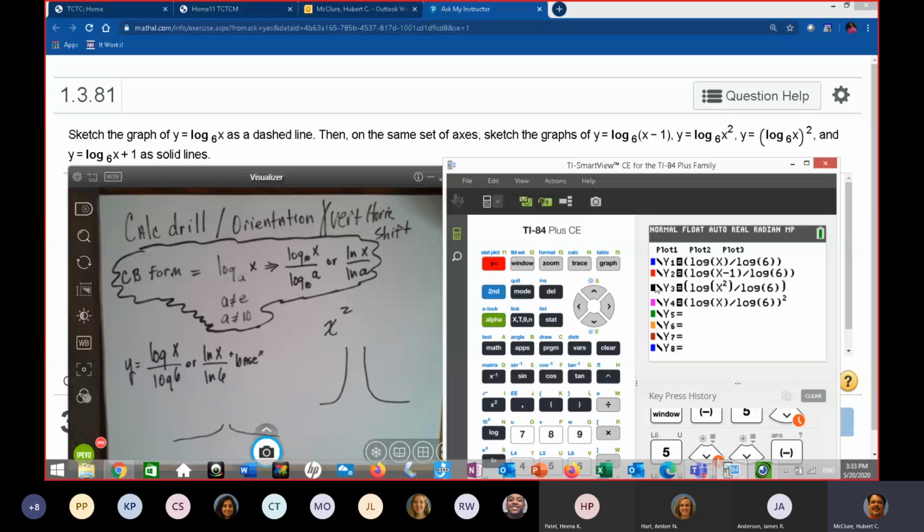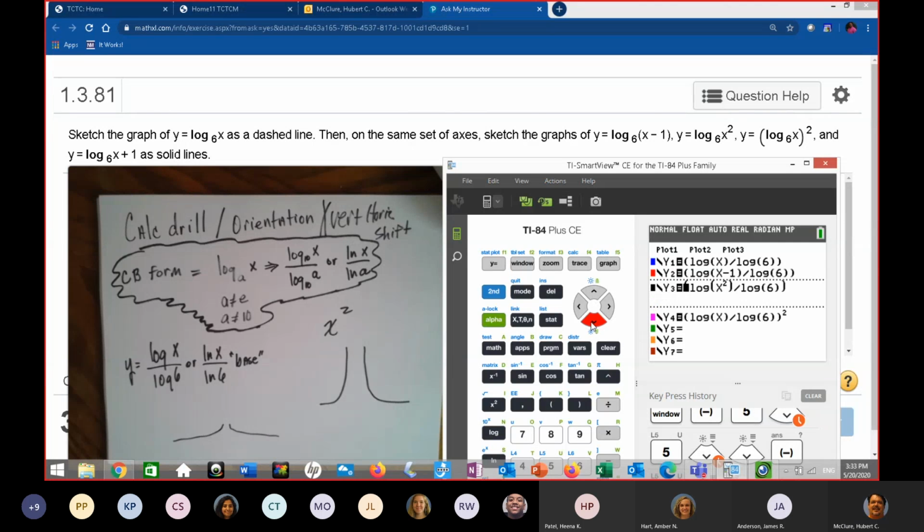Okay, so I'm going to go down to 5. And we'll see when we type in the answer which one they want. We're going to do both. Okay, I'm going to do log of x over log of 6, close parentheses, +1. And then we'll do it the other way.